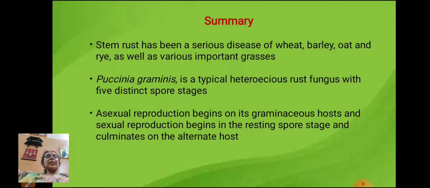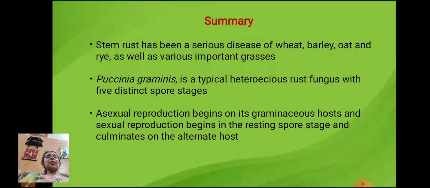To summarize the life cycle of Puccinia, Puccinia causes black stem rust on the wheat plant, but the rust disease has been seen in most of the cereal crops like wheat, barley, oat and rye, but the typical black stem rust is caused by Puccinia graminis in the wheat plant.